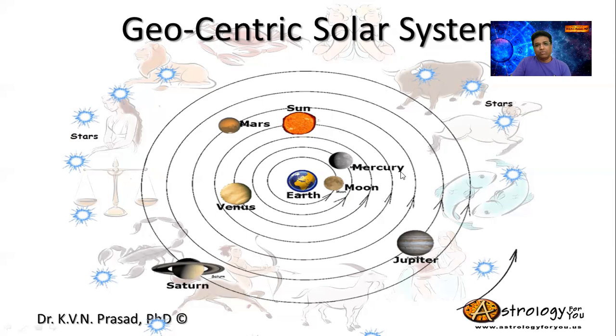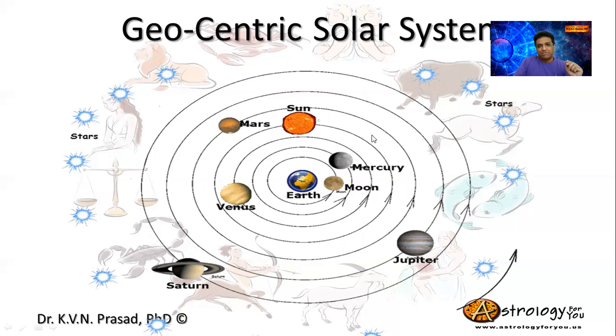Whenever you look at a particular planet from Earth's point of view, for example if you look here and draw lines, there are 12 signs in 360 degrees. 360 divided by 12 is 30 degrees. Each sign is 30 degrees, and these are all fixed. These signs are fixed and won't move; only planets will move, right?